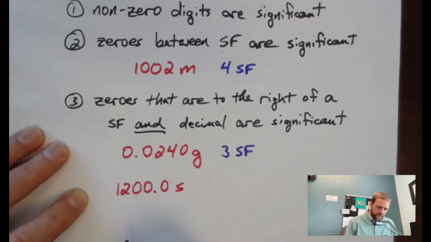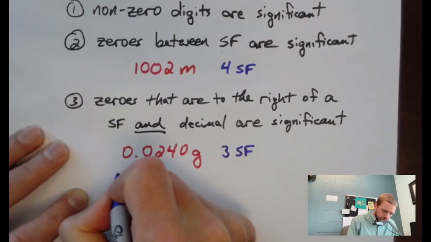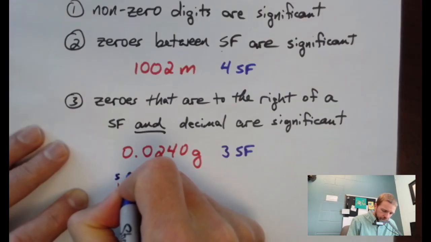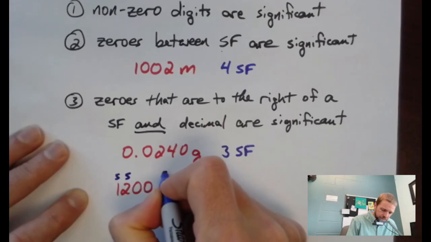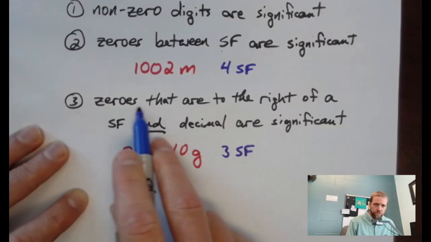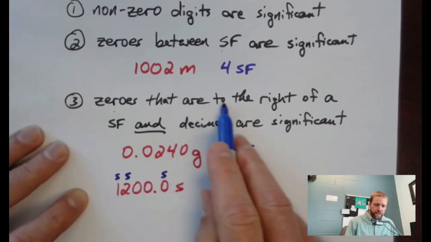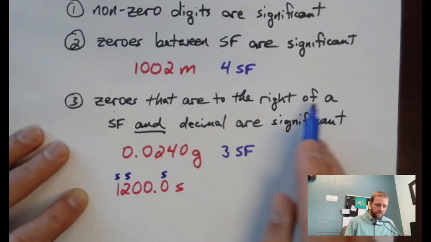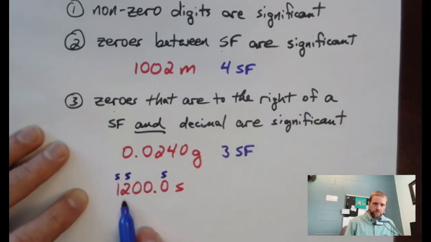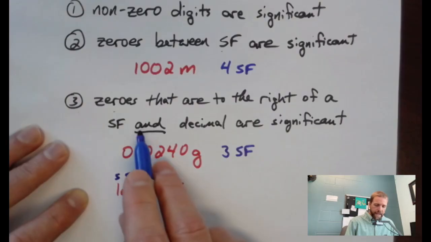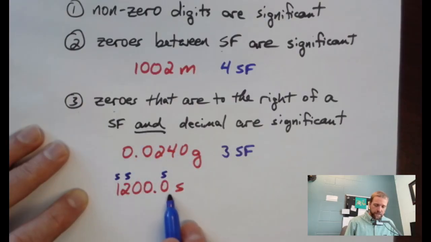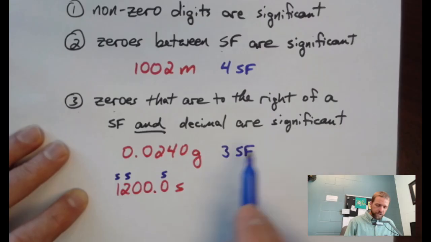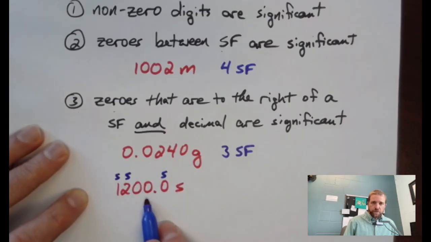Okay, so if we just kind of mark these, this one is significant, that one is significant, and this 0 is significant based on Rule 3. Zeros that are to the right of a significant figure, so 2 is to the right, and the decimal, are significant. So what about these two zeros that are in between?